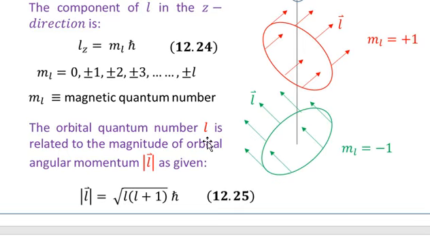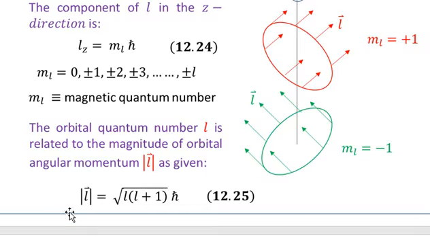The orbital quantum number L is related to the magnitude of the orbital angular momentum L as given by this equation. This is a relationship that relates the quantum numbers on the right hand side with the angular momentum on the left hand side.